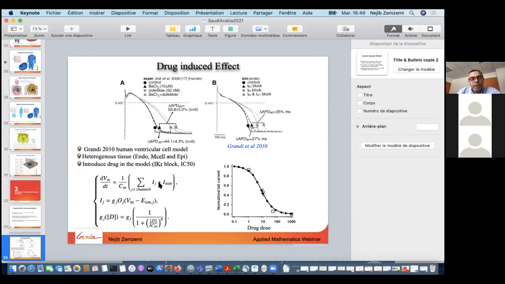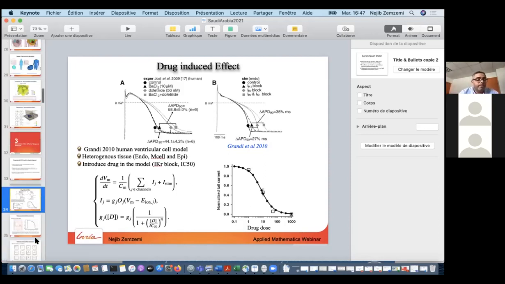So that's one way of introducing the drug. You can see that this simple way of introducing the drug gives the same phenomena as the experimental one.